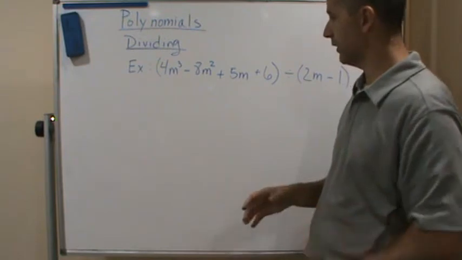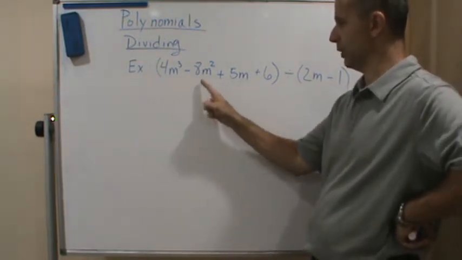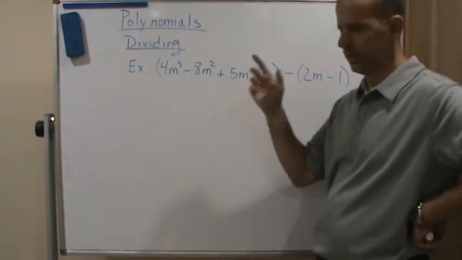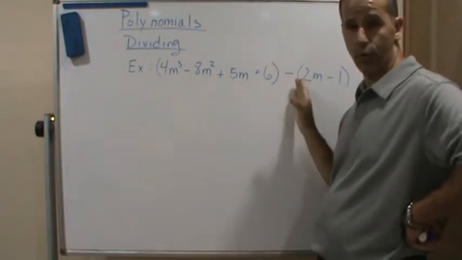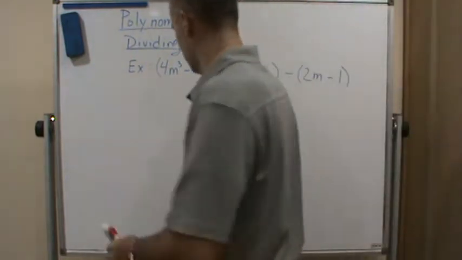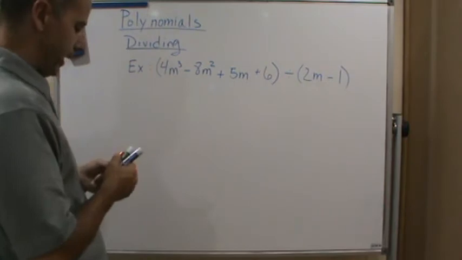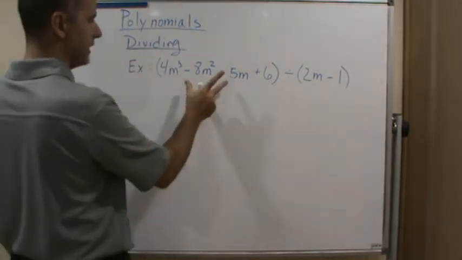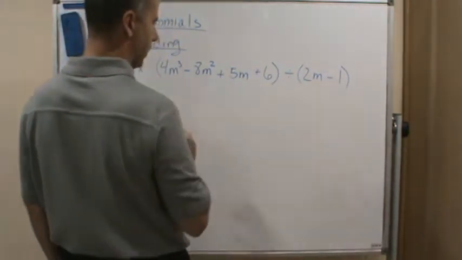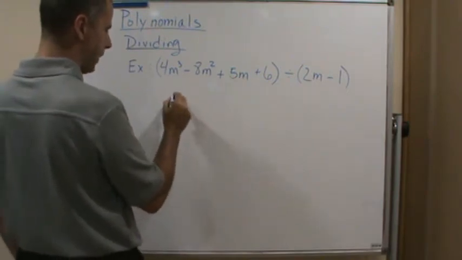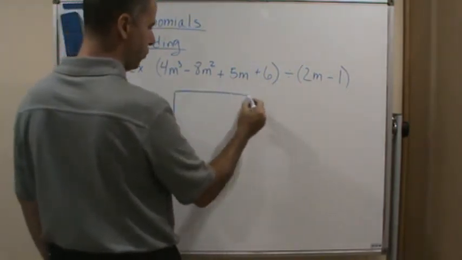Now, one of the things you need to do is make sure that they're written in increasing order, or excuse me, not increasing, decreasing order. So I'm going to show you how to do this one. We're going to take this polynomial and divide it by this polynomial. We set up our division the same way we normally do.